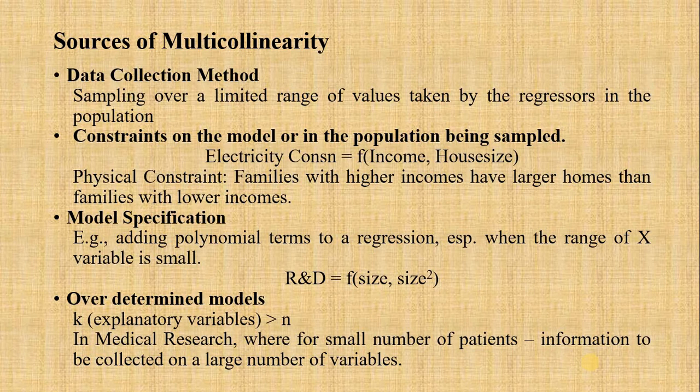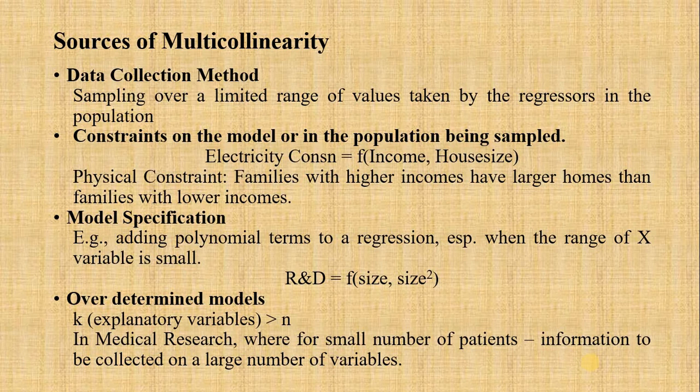What is the constraint here? A family with higher income will always have a larger home. Higher the income level, higher will be the size of the house. And higher the size of house, we can infer that this family has higher income. So income and house size will be automatically related.